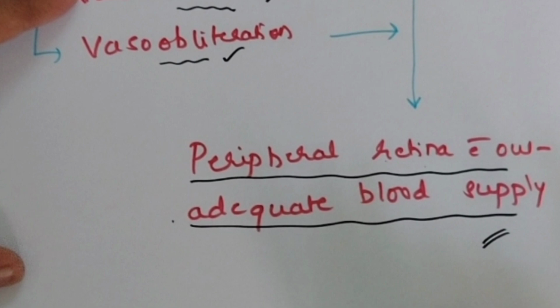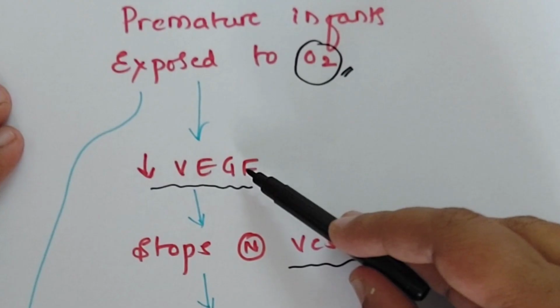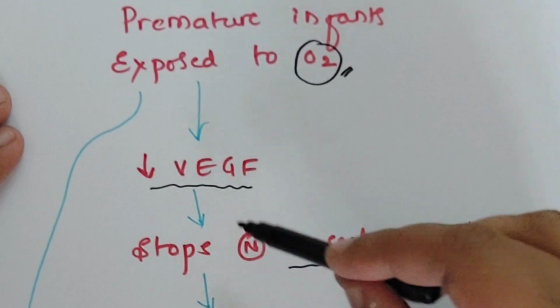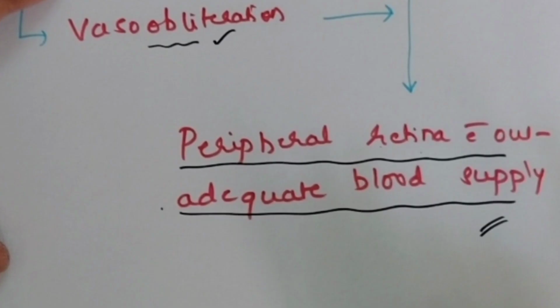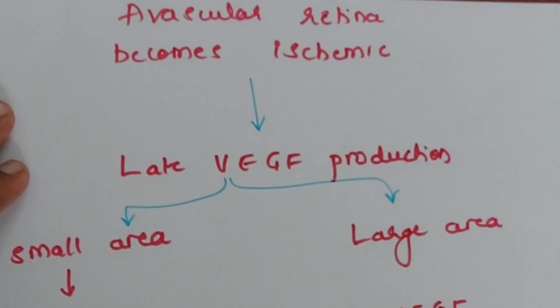Exposure to oxygen will directly decrease the VEGF production, so there is no vessel growth. Then this exposure to oxygen can also lead to vasoconstriction and vasoobliteration of the vessels which are already there, so that there is inadequate blood supply to the peripheral part of the retina. So what happens next?